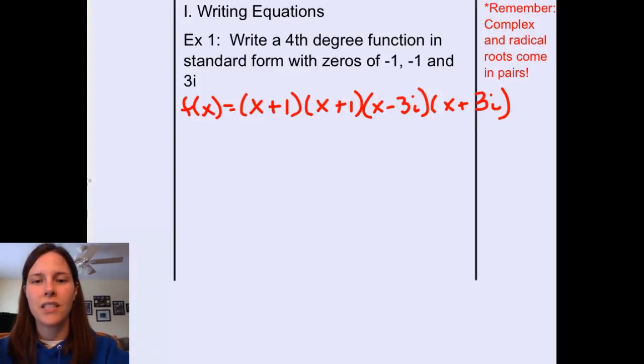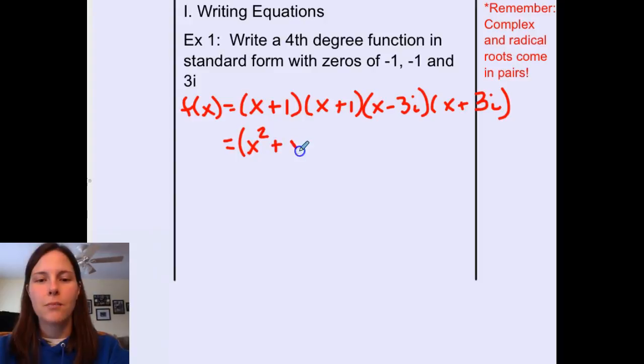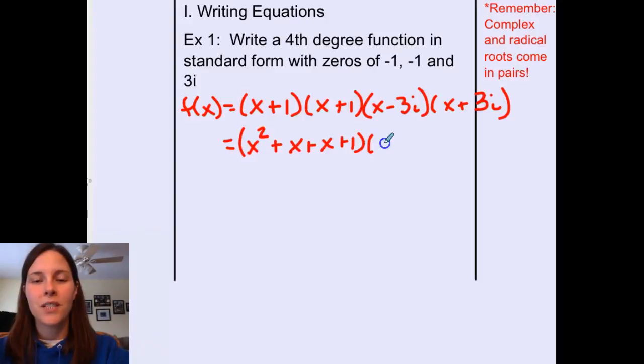In order to write this in standard form, I'm going to FOIL the two pieces that match. So I'm going to FOIL my two binomials with real zeros. So we have x squared plus 1x plus 1x plus 1. And then FOILing my two pieces with imaginary zeros, x squared.